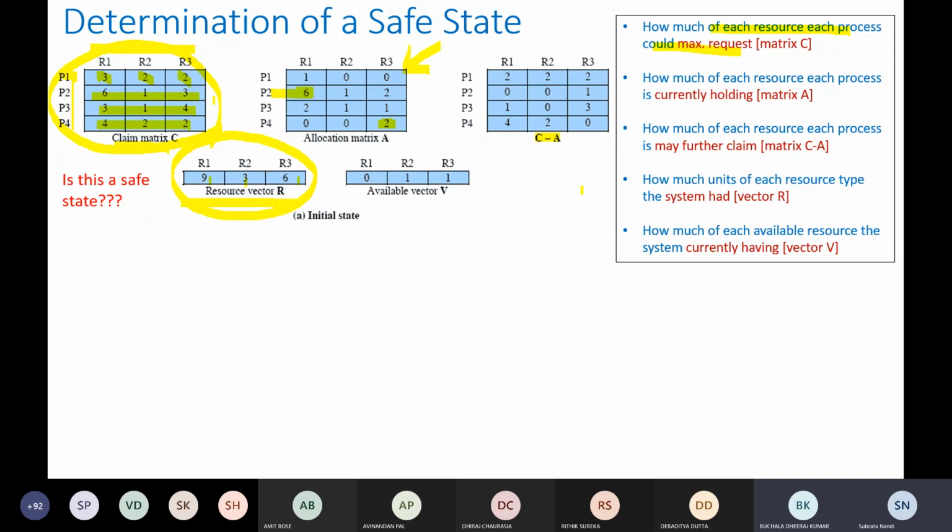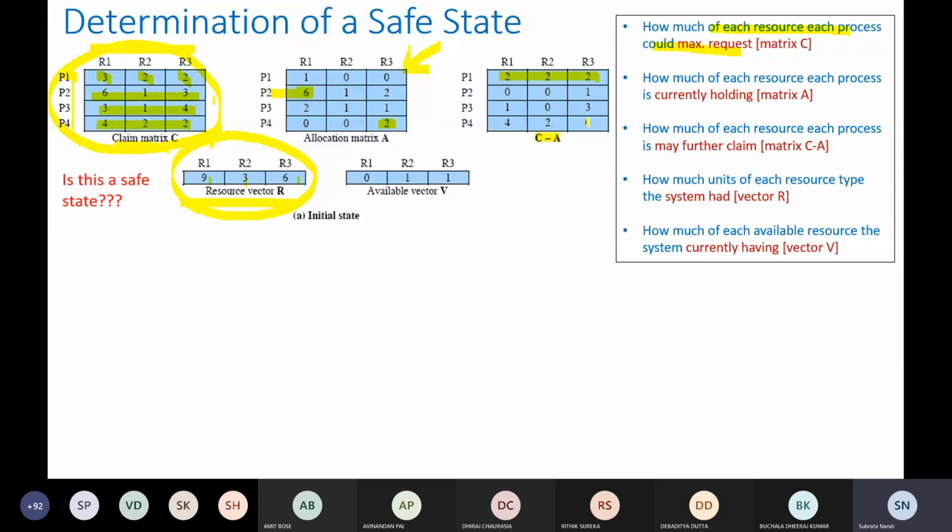Yes, so P1 declared that it will not request more than 3, 2, 2 at most. Now it has already requested and been allocated 1 unit. So at most what can it request? 2, 2, 2. So this is the maximum claim that it can make right at this moment.